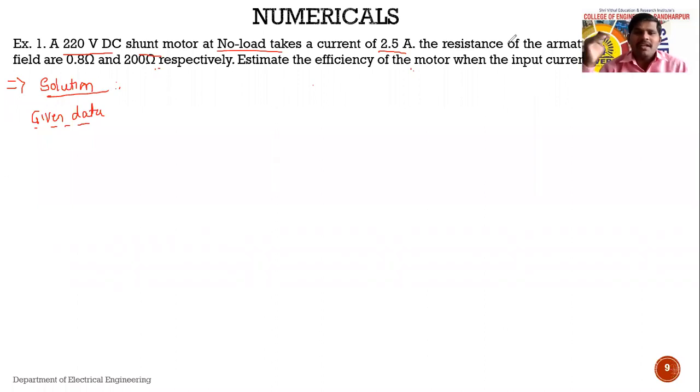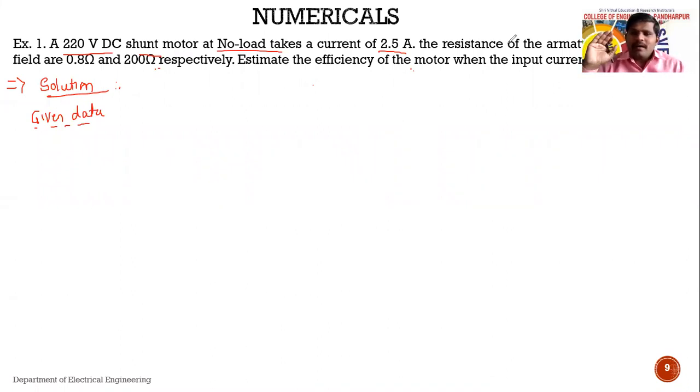Then we calculate efficiency. You people already know the Swinburne test, how it is carried out, which readings are taken, and how the calculation is done, because we have already covered it in practical also.